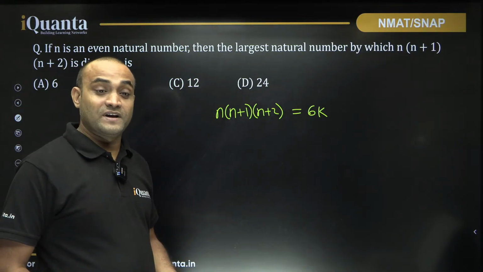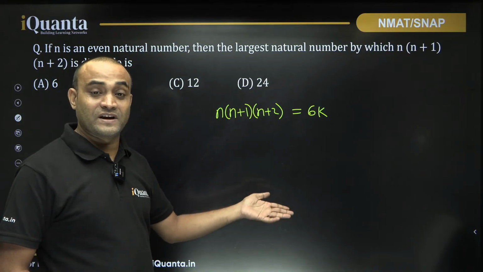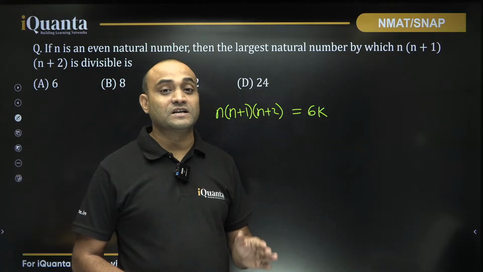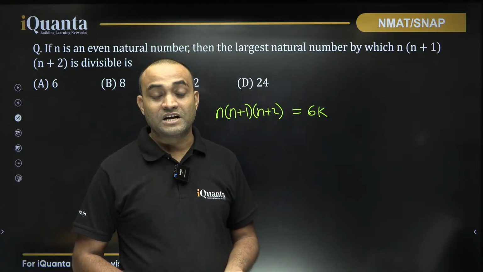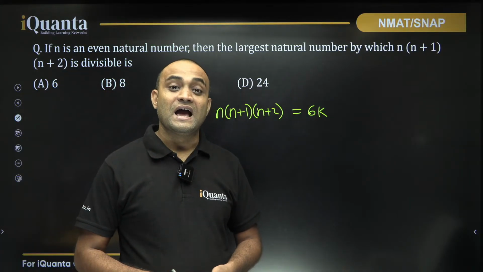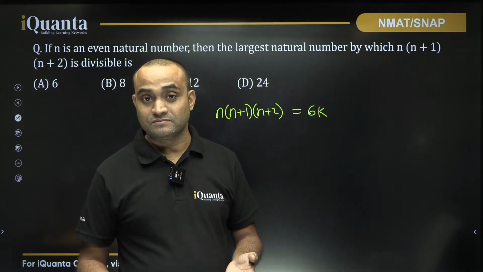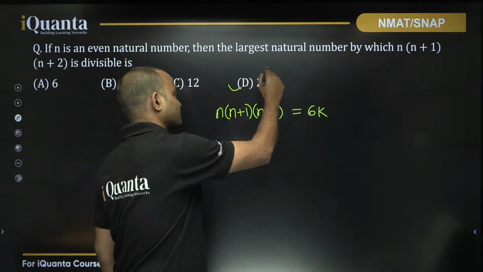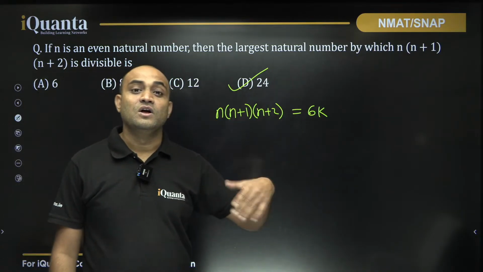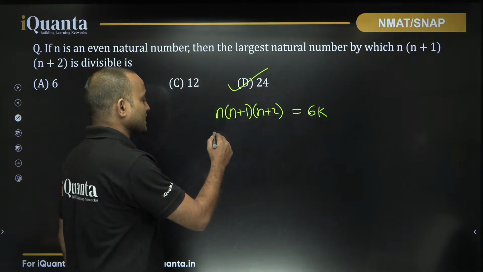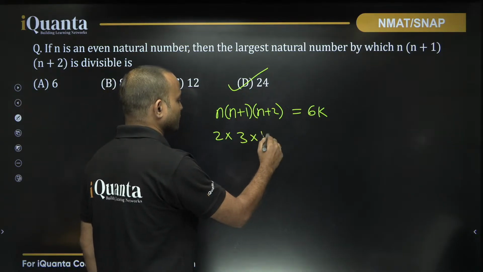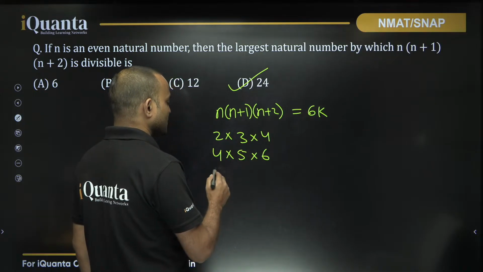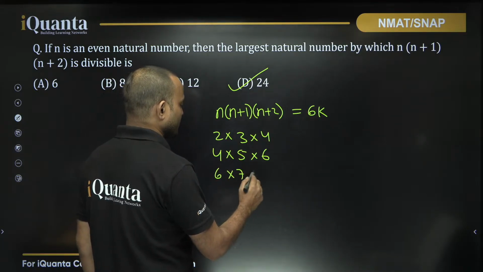But if it's given that n is even, can I say n plus 2 will also be even? So not only will it be divisible by 2, it will also be divisible by 4, and 2 into 4, it will be divisible by 8. So in total this will be divisible by 24, because one of these two numbers will be divisible by 4, like 2 into 3 into 4, or 4 into 5 into 6, or 6 into 7 into 8.